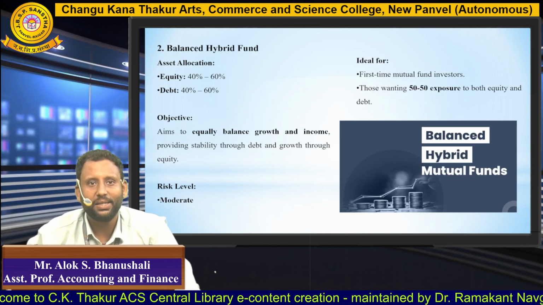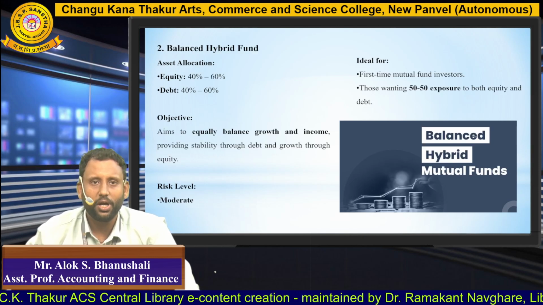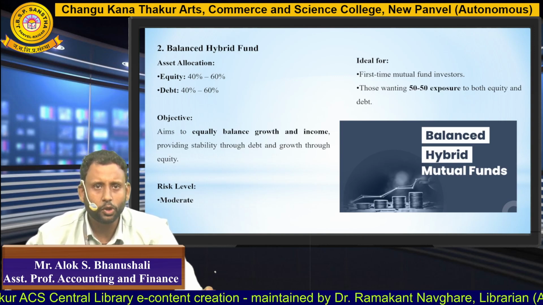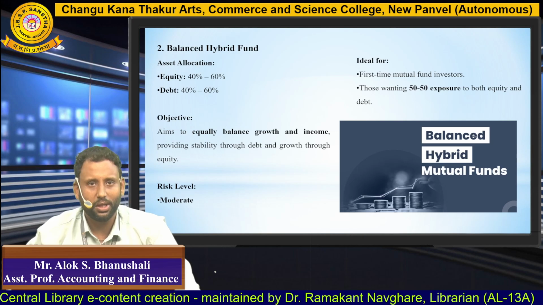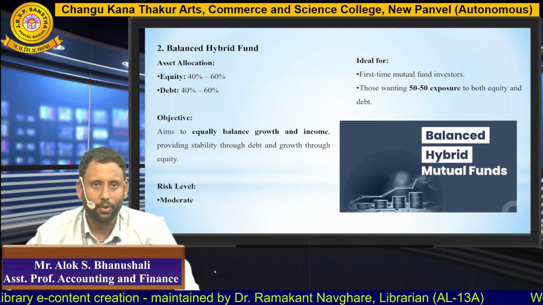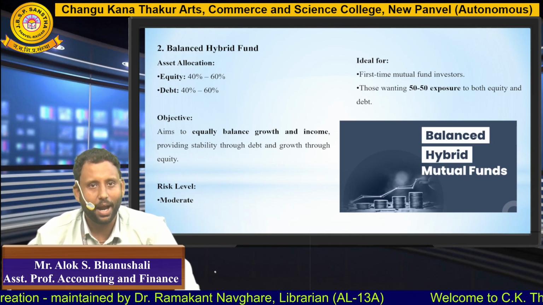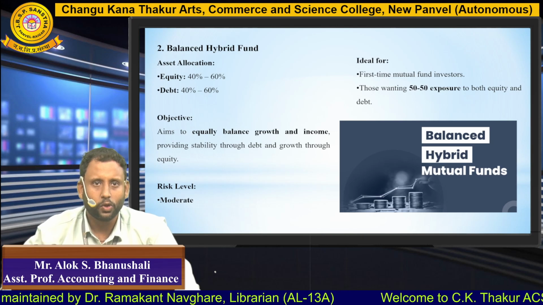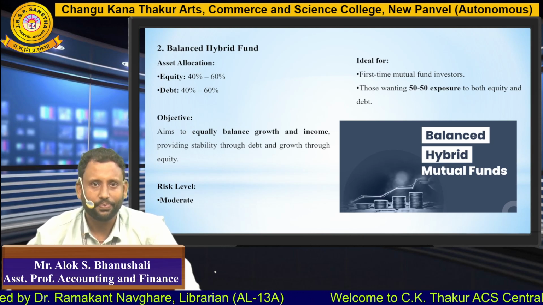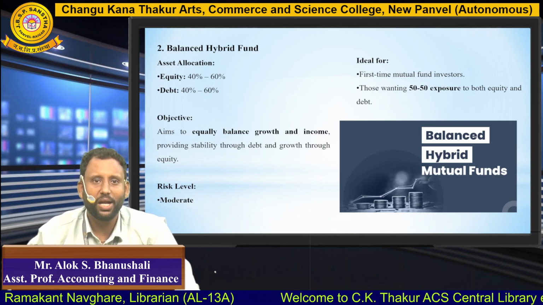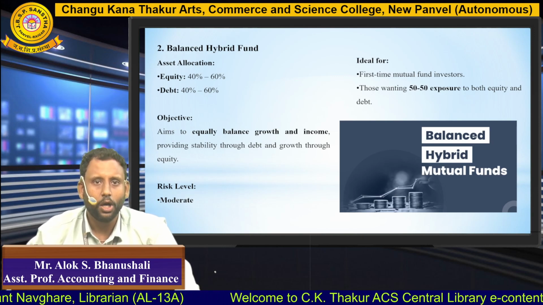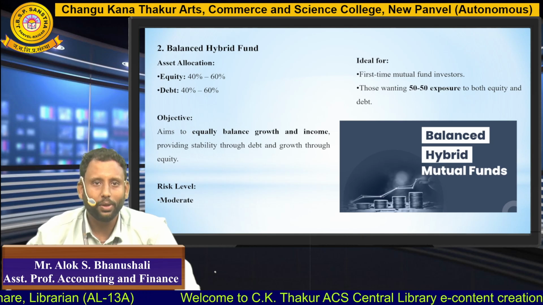Second is balanced hybrid fund. Now what is a balanced hybrid fund? In this, asset allocation is done in a balanced mode. It means equity can be 40 to 60% and debt 40 to 60%. So there is a balance in this. The objective of the balanced hybrid fund is to equally balance growth and income.